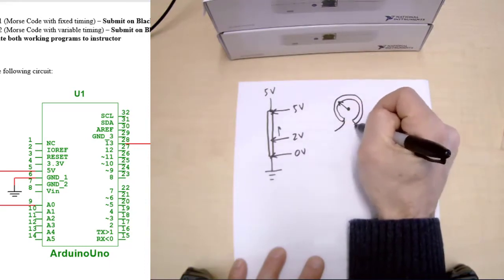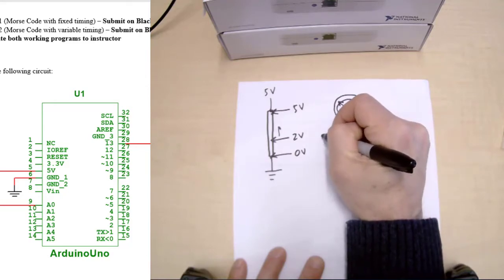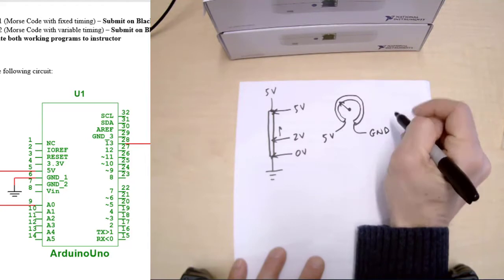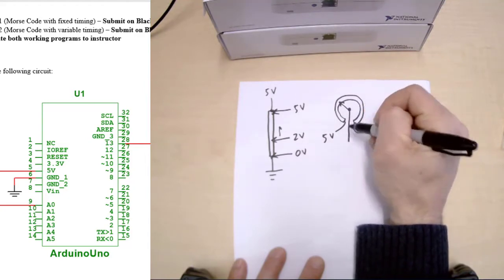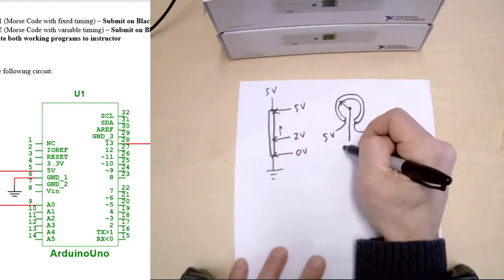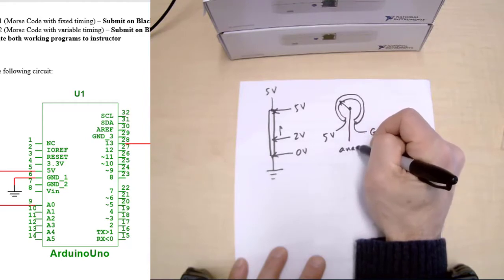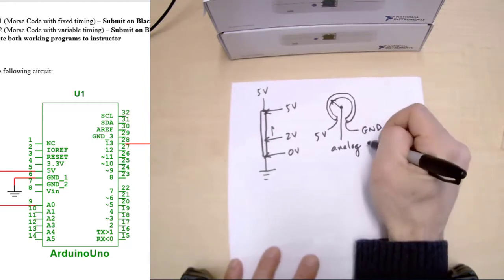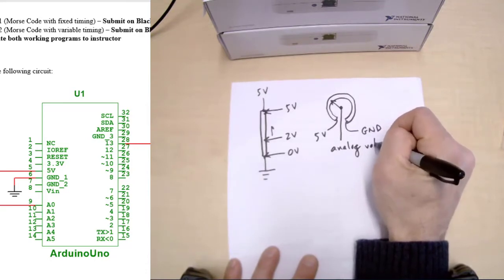Here's one side of the pot, here's the other side. So you would put 5 volts to this side and ground to this side, and then the third pin comes out in the middle, and this would be your analog output, or the voltage, I should say, analog voltage.